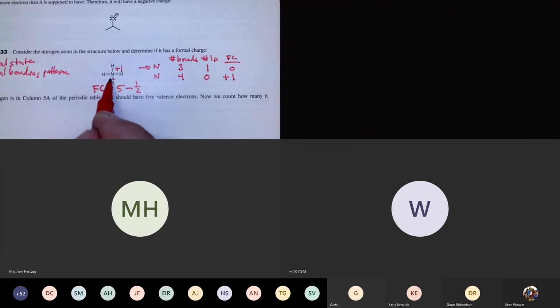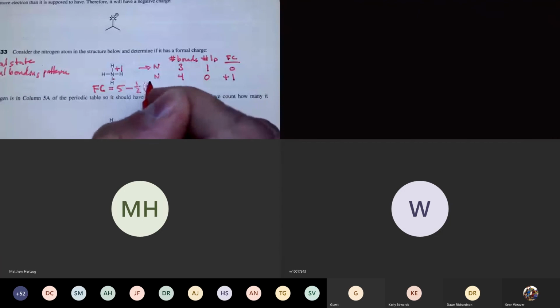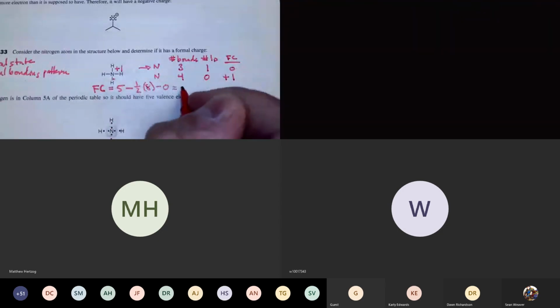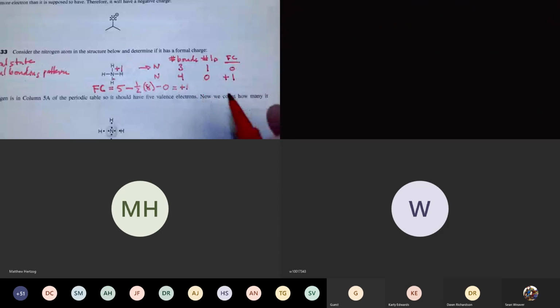We have 2, 4, 6, 8 bonding electrons, minus the number of lone pair electrons. There's 0 lone pair electrons. So we have 5 minus 1/2 of 8 is 4. 5 minus 4 is equal to +1. So that's how we got that number.